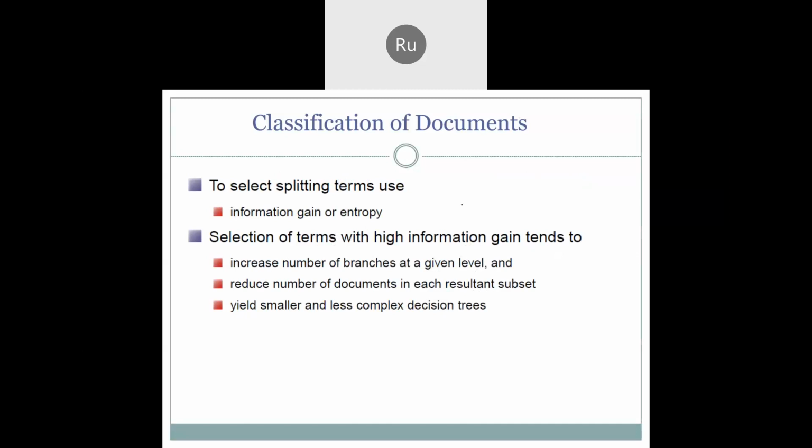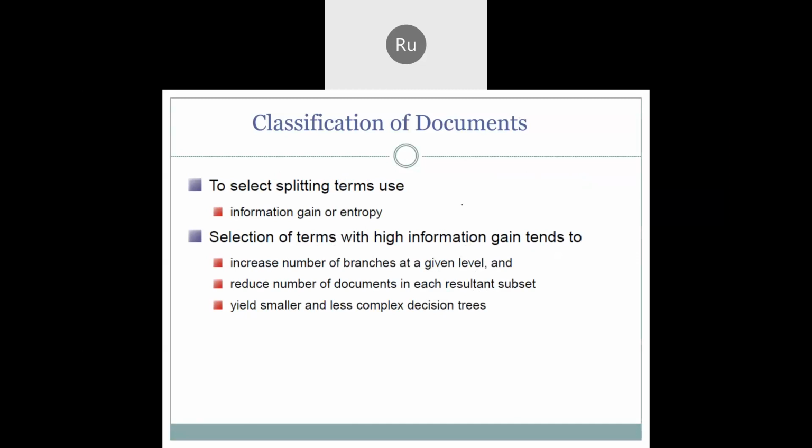When we select the term with high information gain, we tend to increase the number of branches at a given level and reduce the number of documents in each resultant subset. So meaning that we want a big group of documents to be partitioned into smaller subsets which have similar labels.